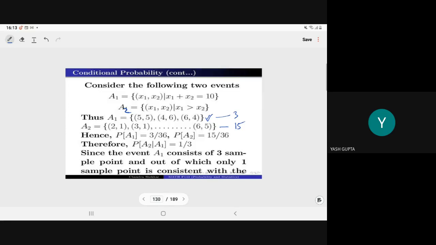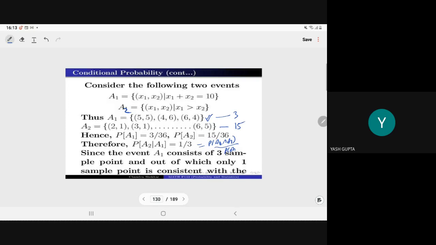Now if we are asked to find the probability of A2 given A1, what I have told you is that it is P of A2 intersection A1 divided by P of A1.